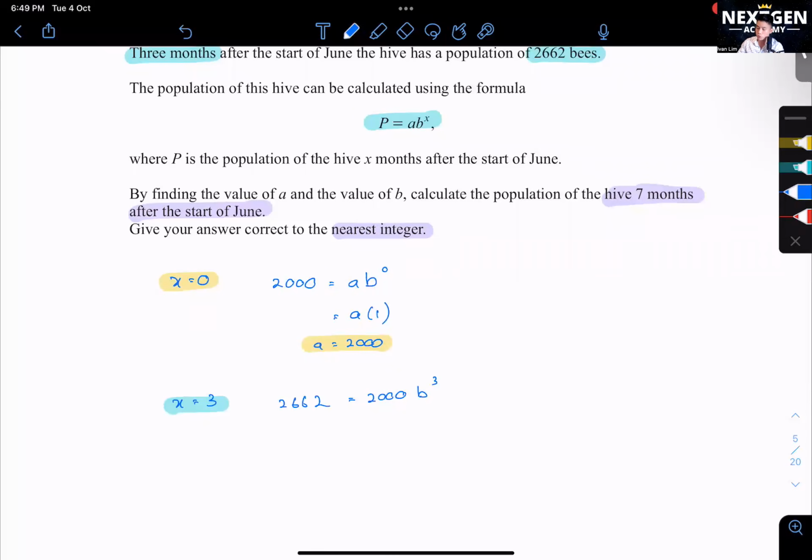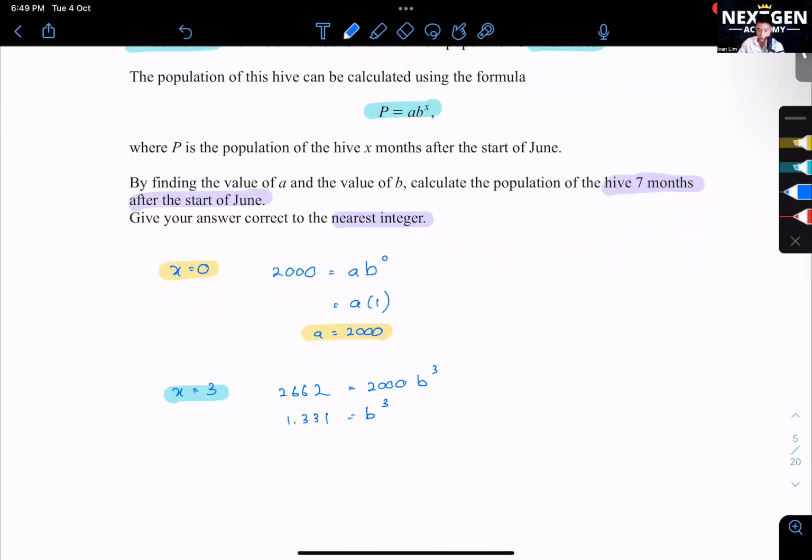So 2662 divided by 2000, we type in the calculator and get 1.331 equals B cubed. Then you just cube root 1.331. Therefore, B will be equal to 1.1.